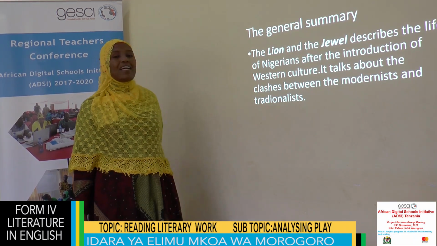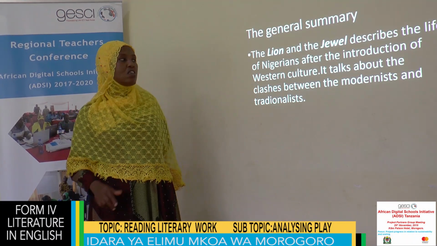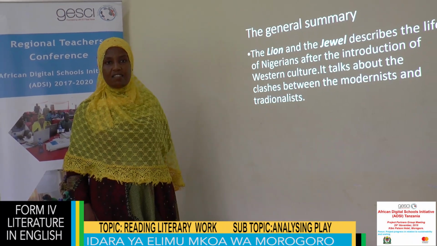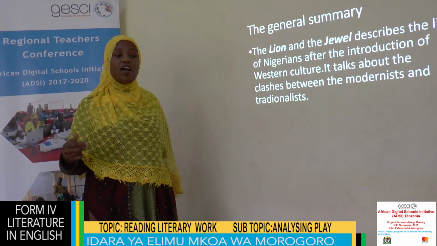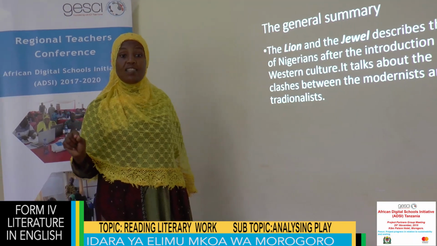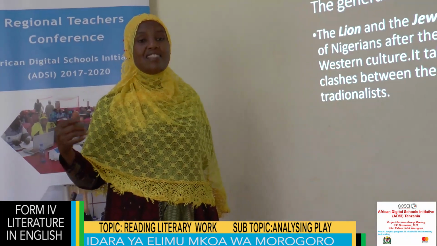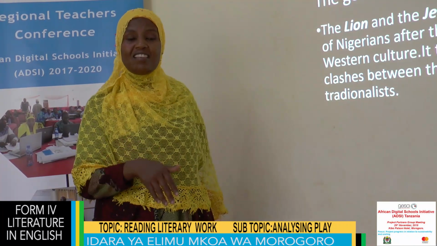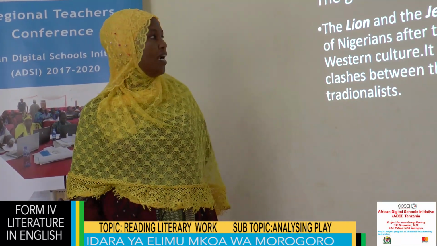It talks about the clash or the conflict between the modernist and the traditionalist. I have said that after the intrusion of this new culture, some members of the society accepted and decided to change. But some of them keep on insisting on preserving their own culture.